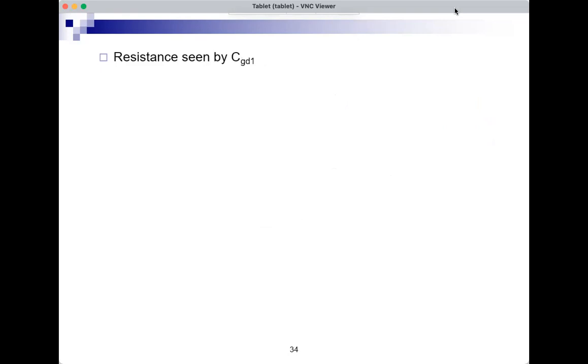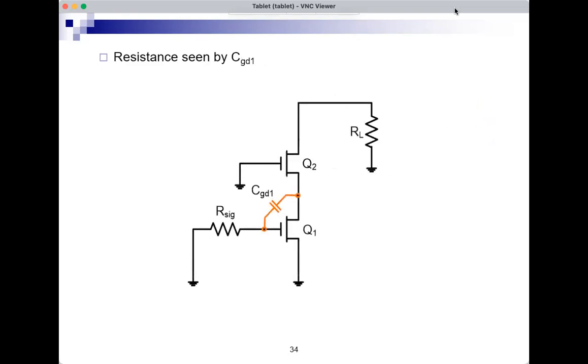Resistance seen by CGD1, the last one, this one. This is an interesting case. Because this is like the CGD in the case of the common source. And when we did this calculation, this was an RXY.